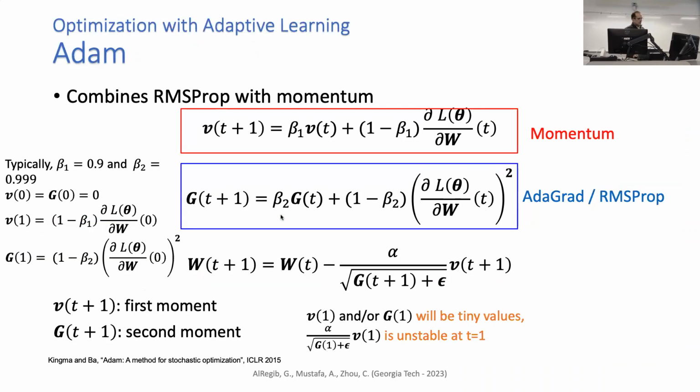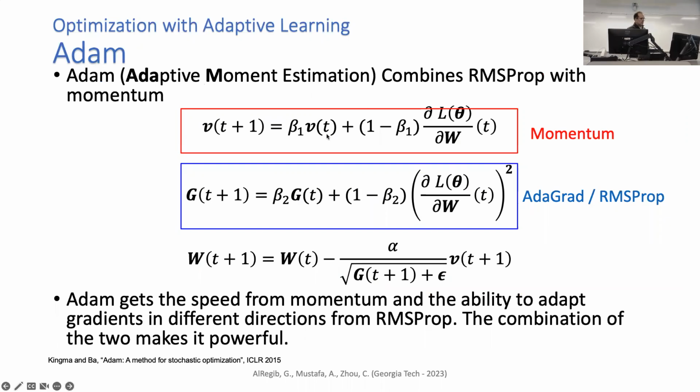You can look at it from here. This is the simpler one. As you increase beta one, that means you are incorporating more and more from the previous ones, right? Is that the case? No, actually less and less from the previous ones. So this value will be smaller and smaller, but the learning rate will be higher if you look at the square root of that, so you are scaling that way.